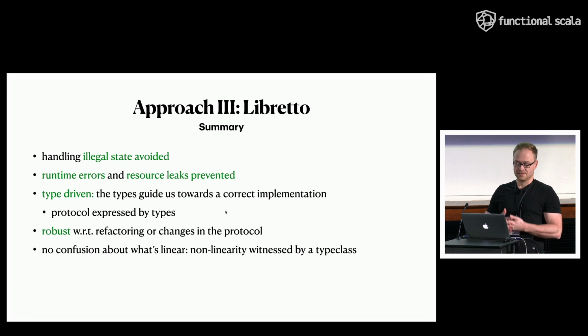As anything that's kept track of by types, it is robust with respect to modifications, and there's no confusion what has to be used linearly and what not. Non-linear linearity is witnessed by a type class.